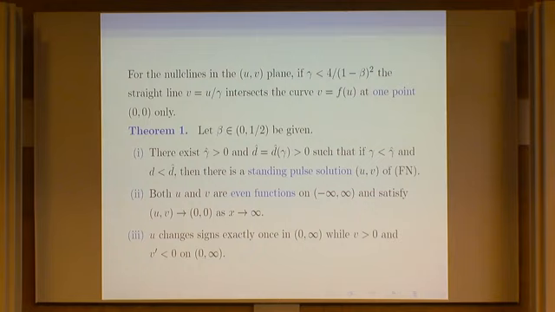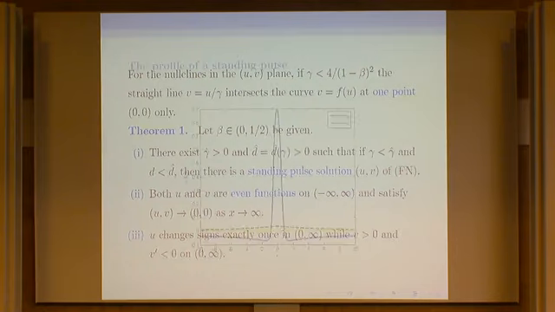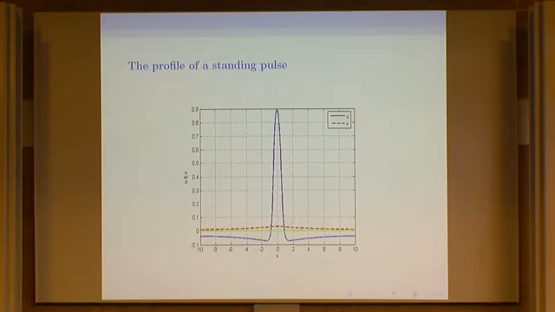Okay, so the profile of the standing wave is an even function, and in fact, if you look at the numerical result, that's the profile of a standing pulse. It's an even function, and U changes sign once, and V stays positive.